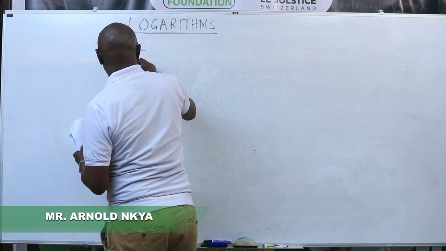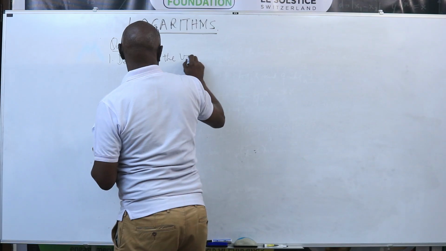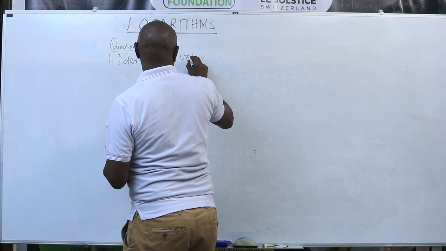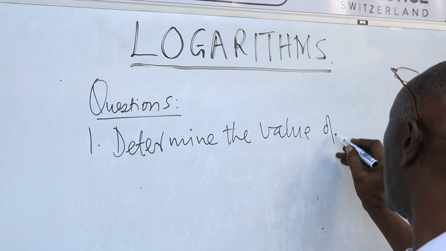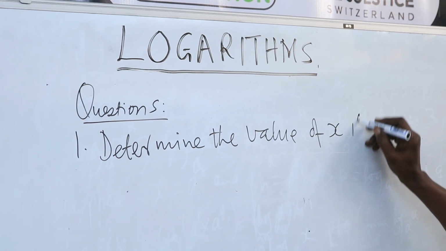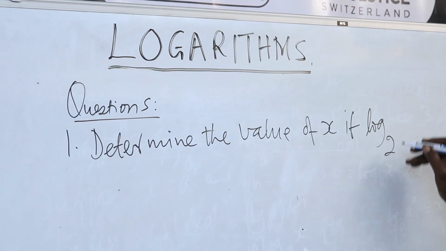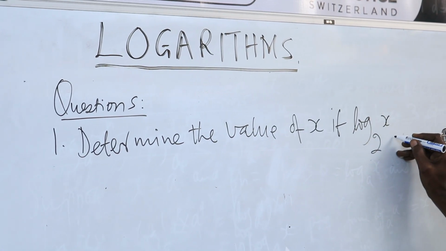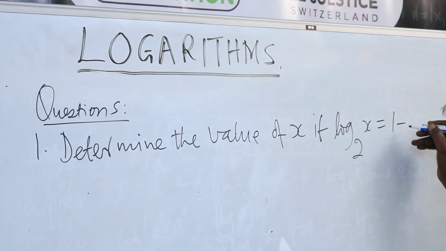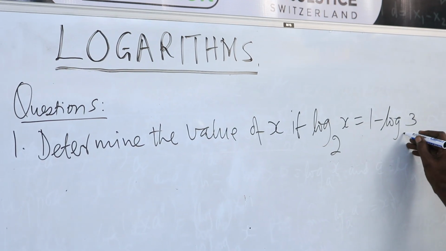Determine the value of x if the logarithm of x to base 2 is equal to 1 minus the logarithm of 3 to base 2.